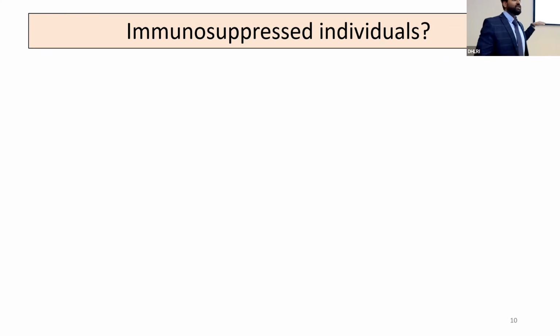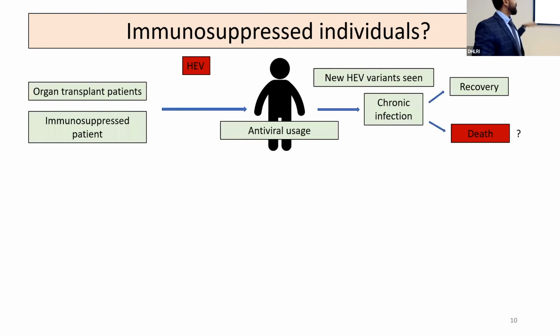For solid organ transplants, in America we had almost 19,000 people waiting according to the 2020 list. Whenever there is a solid organ transplant, the individual is given immunosuppressive drugs, which means the immune system is low. At that point, hepatitis E virus has mostly been seen in those patients in most hospitals.